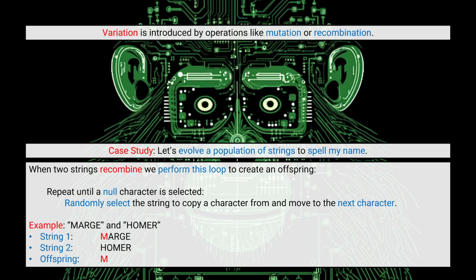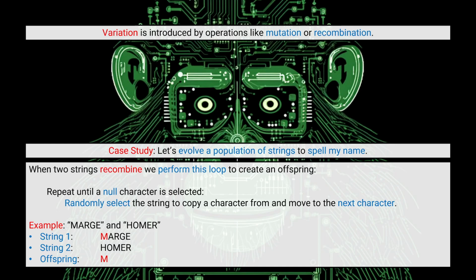And we might call those mother and father, or string 1 and string 2, as I've done here. And as an example, I've just picked Marge and Homer from The Simpsons. So let's assume here that Marge is one of our strings, Homer is the other string, and we've selected these two strings to reproduce.